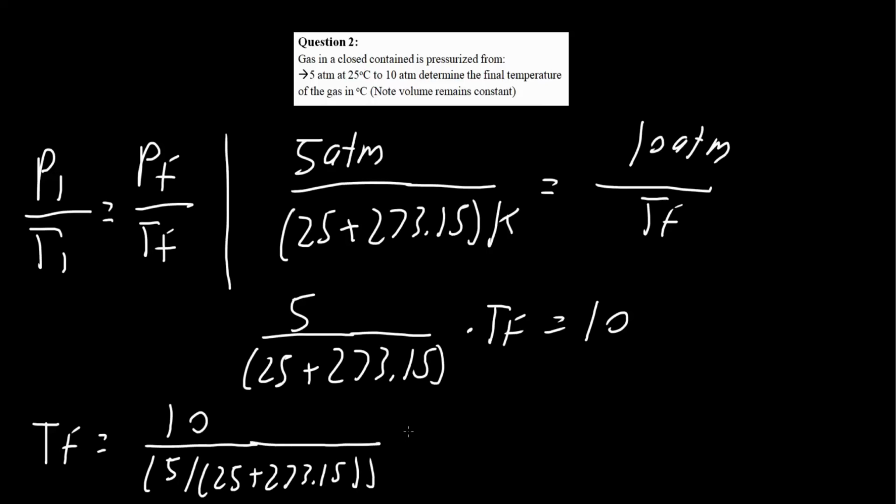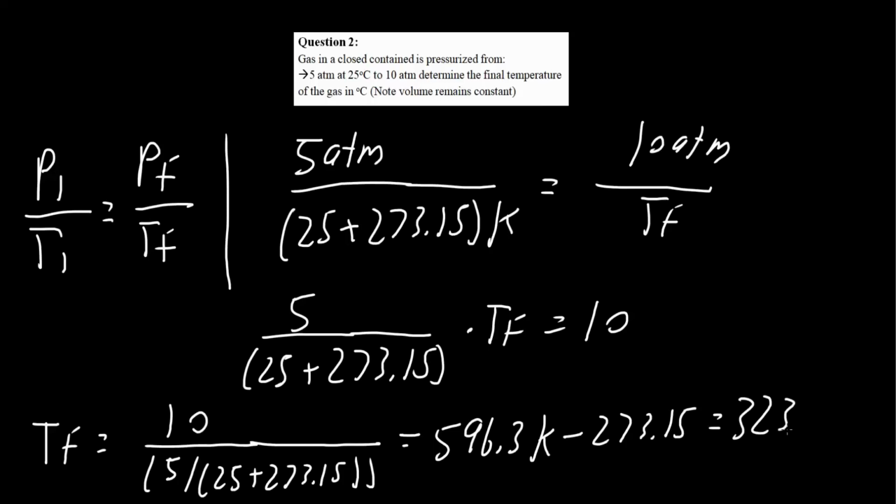And so if you were to divide everything up, you would get 596.3 Kelvin. And now we want to convert from Kelvin back to Celsius, and so you would have to subtract 273.15. So if you subtract 273.15, this right here will be 323.15 degrees Celsius. And that's all we need to do for this problem.